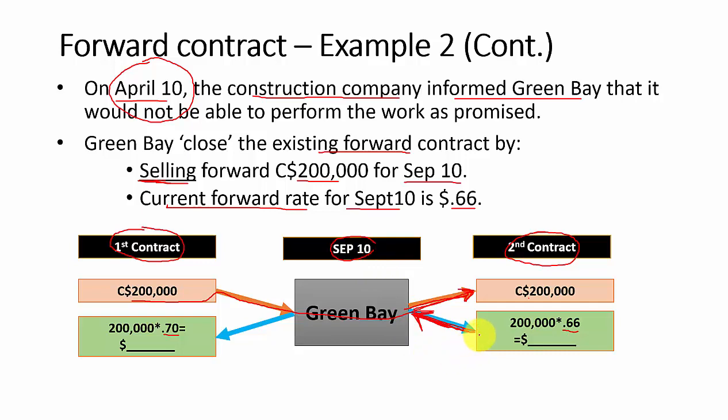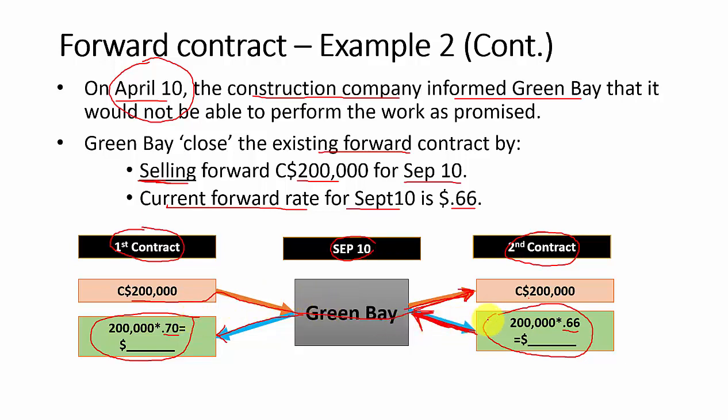The only thing that matters to Green Bay is that it receives some US dollars and it pays out some US dollars. If this amount is greater than the first contract amount, it means somehow, some way, it makes some money unintentionally, right?